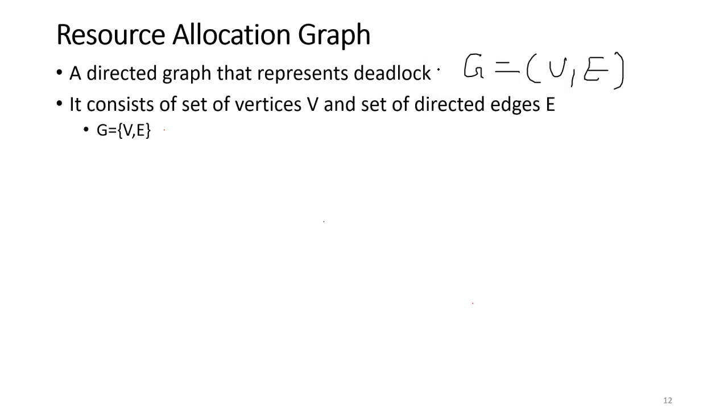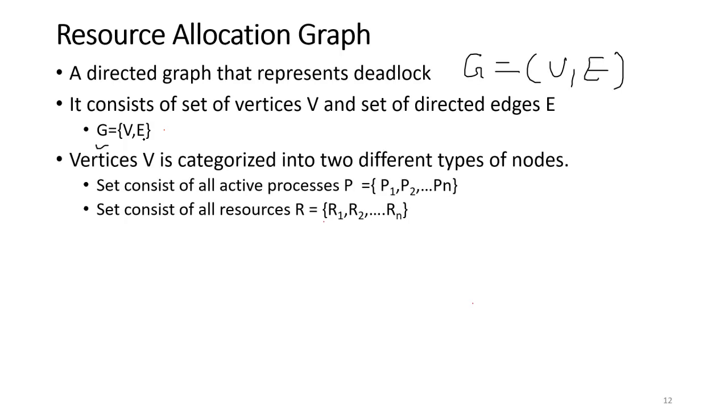It consists of a set of vertices V and a set of directed edges E, and it is shown there in the definition: G equals (V, E), the set of vertices and the set of edges. Vertices V are categorized into two different types of nodes.